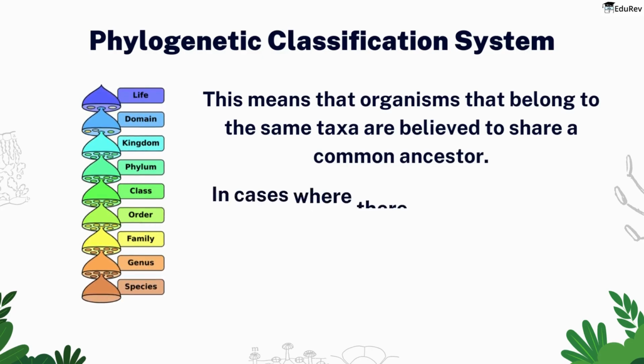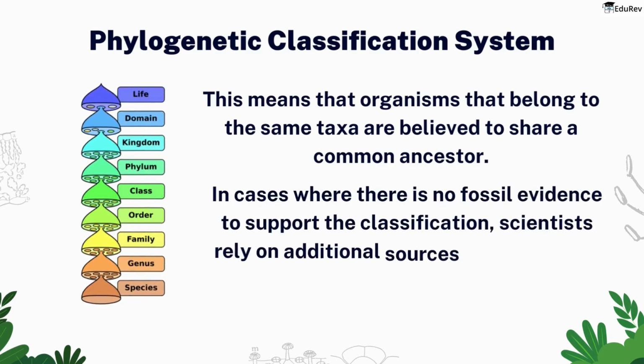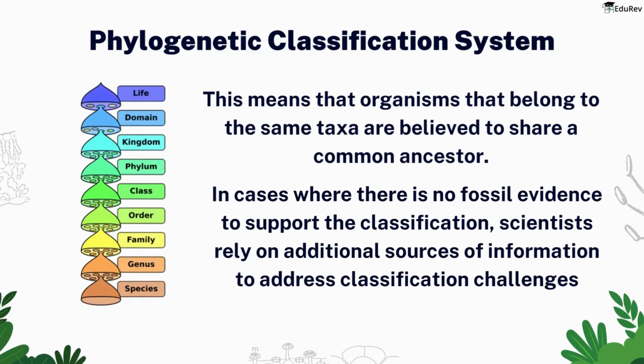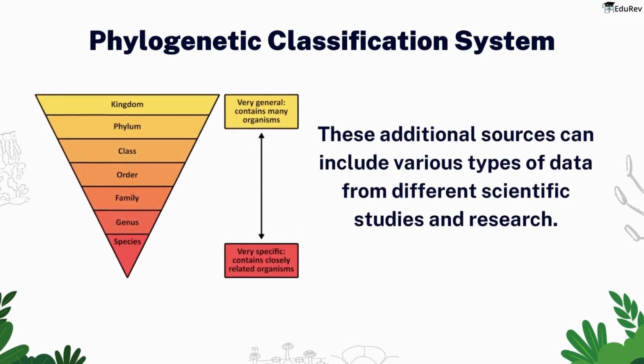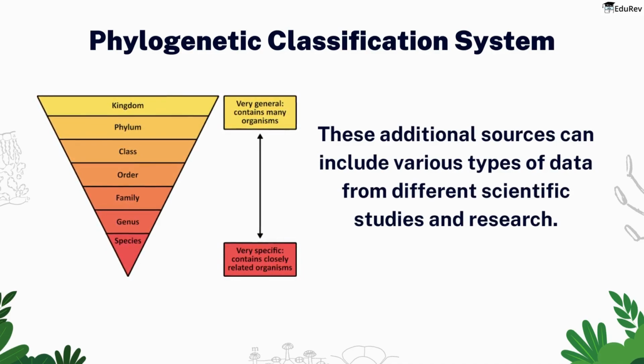However, in cases where there is no fossil evidence to support the classification, scientists rely on additional sources of information to address classification challenges. These additional sources can include various types of data from different scientific studies and research. By incorporating multiple sources of information, scientists can better understand and classify organisms even when fossil evidence is lacking.